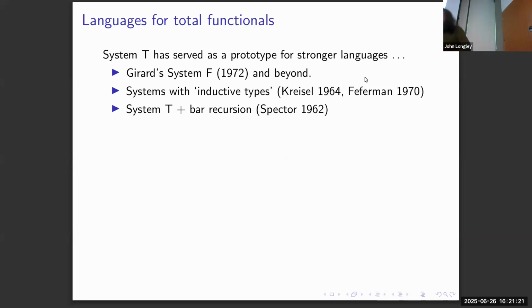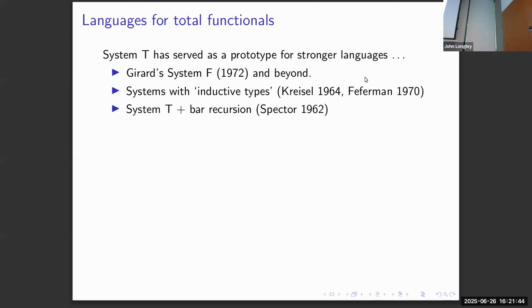Okay, so one reason for being interested in system T maybe is it serves as a prototype for a lot of other things. In the decades since Gödel's work, people have proposed a lot of other systems that have this flavor of being a language for total functions.